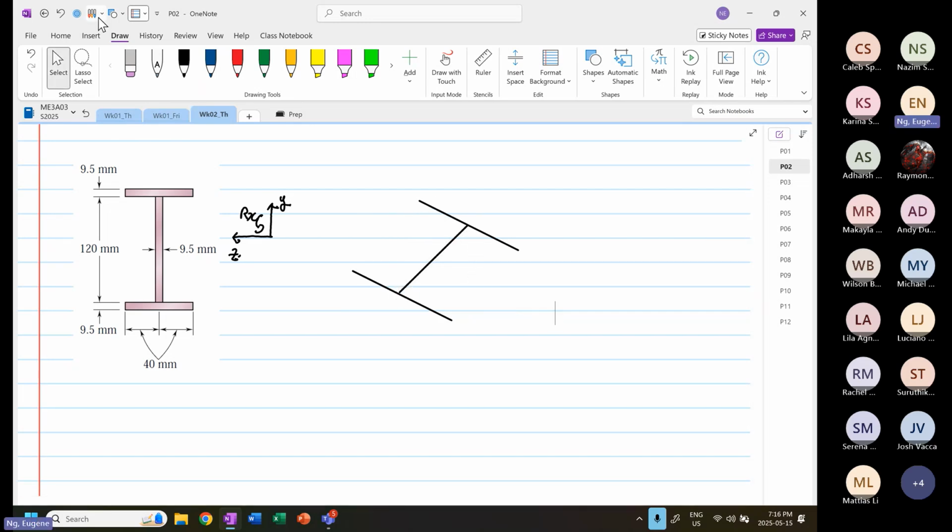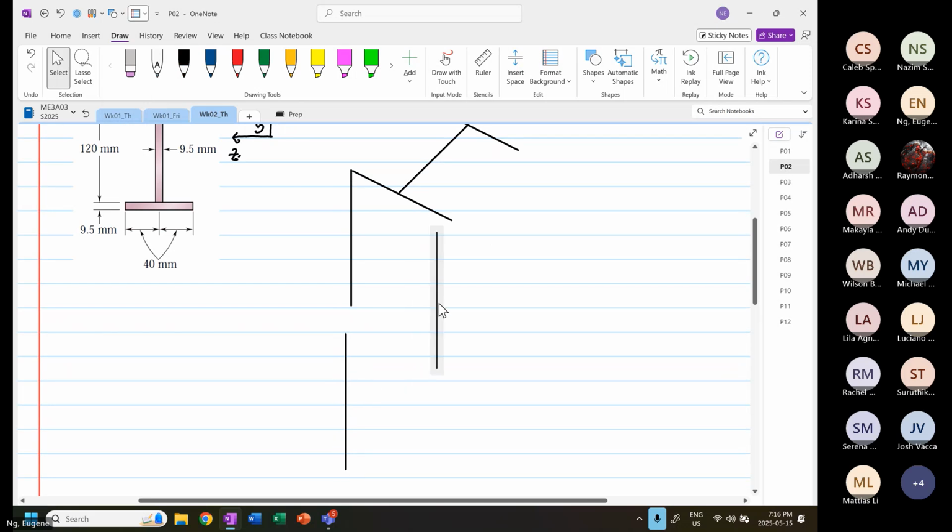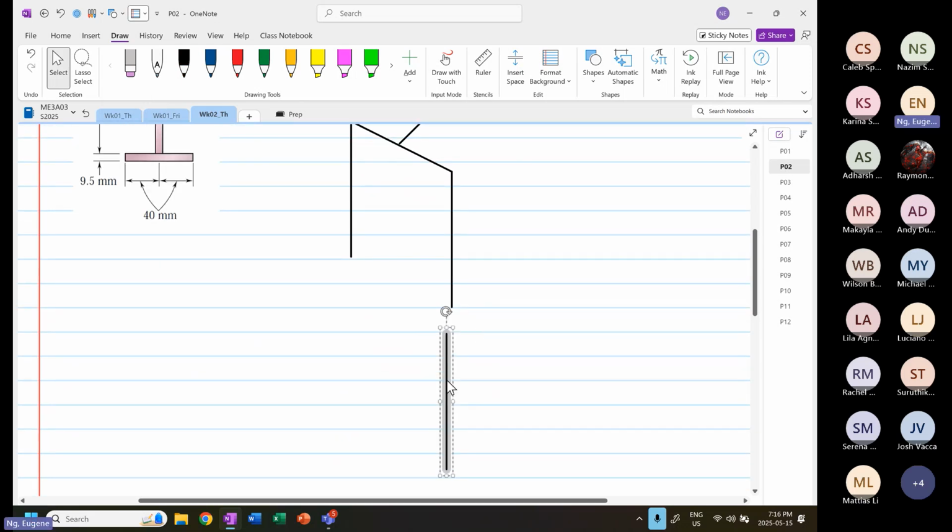And then we have our vertical part. So this is our beam.